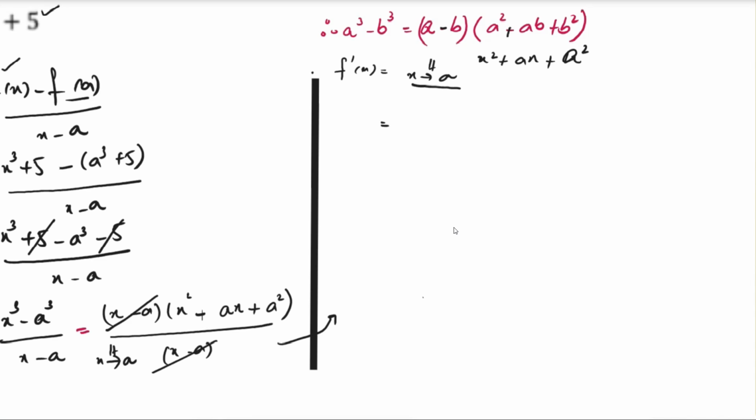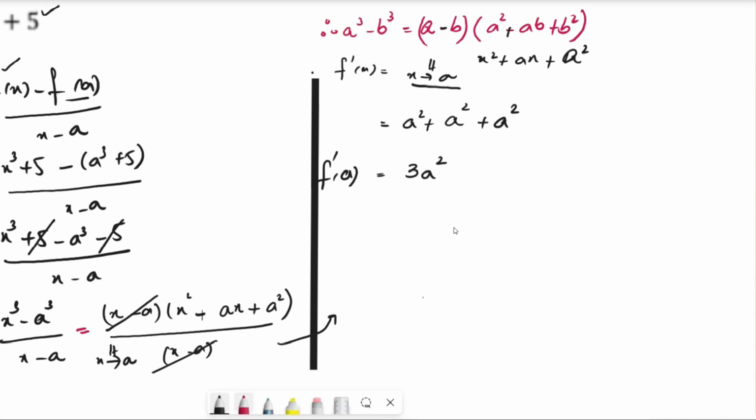And now substitute x as a. So it would be a square plus a square plus a square. So 1, 2, 3 a squares are there. So it would be 3a square. So f dash of a is equal to 3a square.